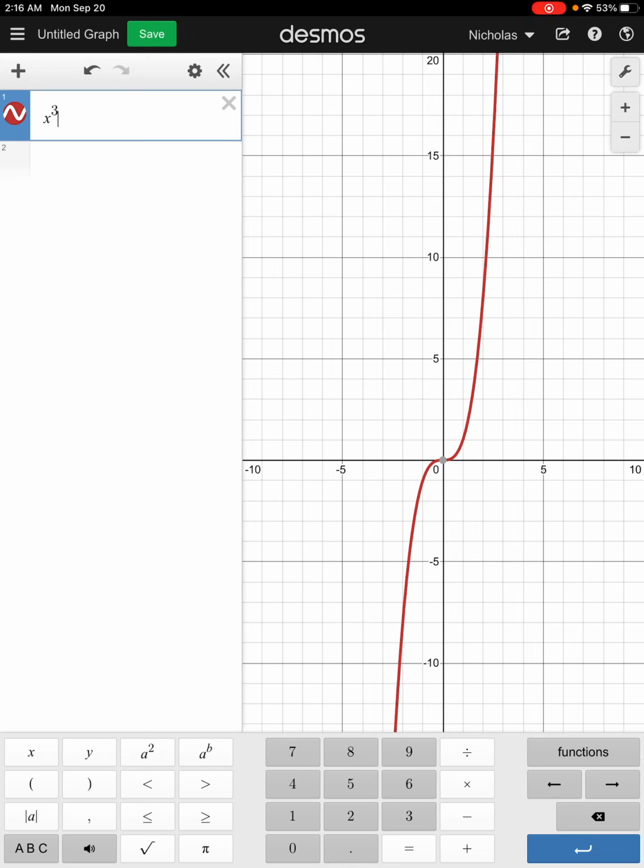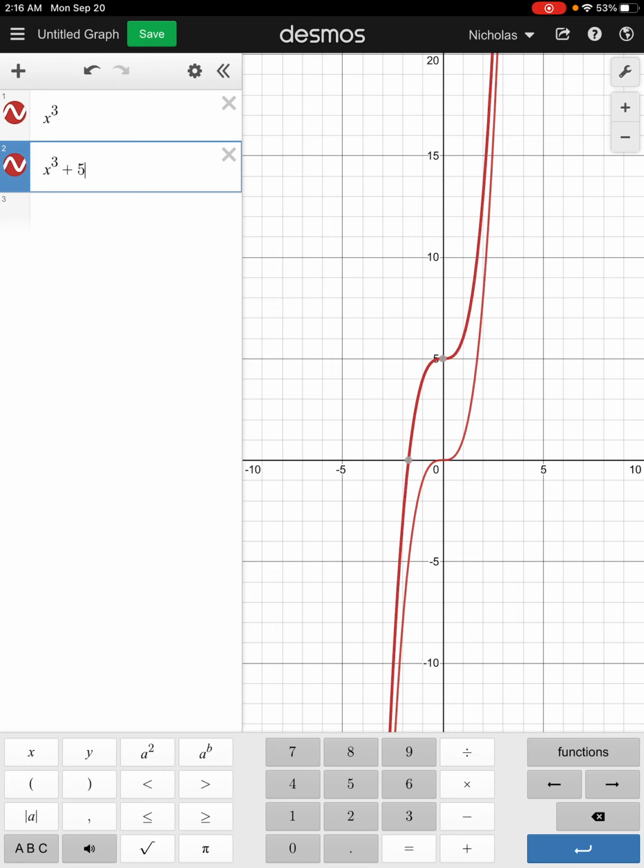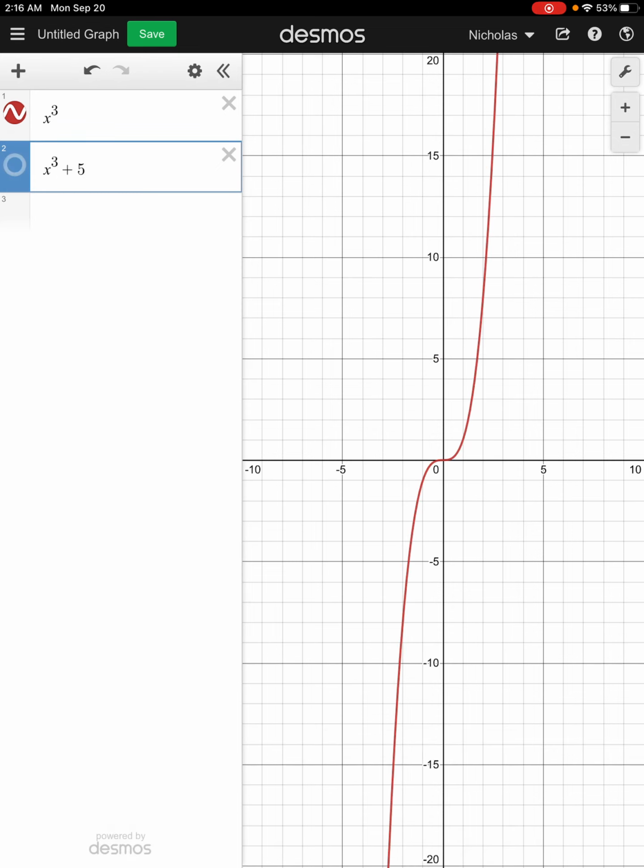If I take my initial function, let's say x to the third, okay? X to the third is a pretty nice function. And I want to change it by shifting it up, let's say 5 units. I'm going to add 5. And you can see that my graph moves up.